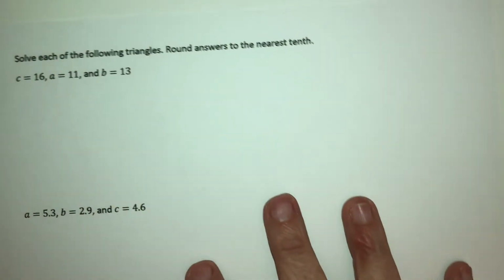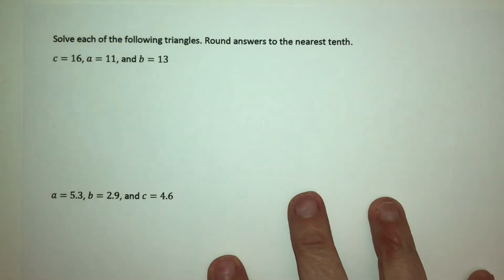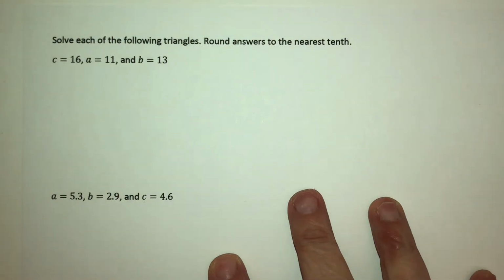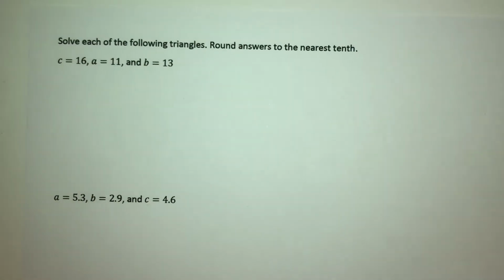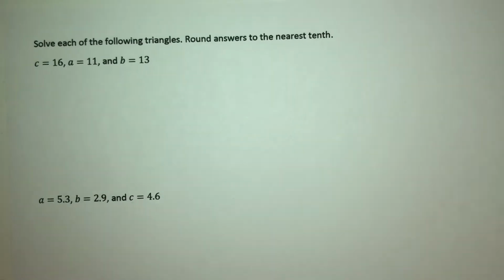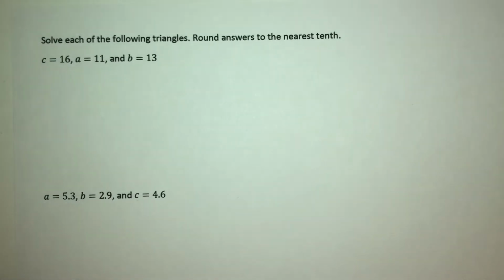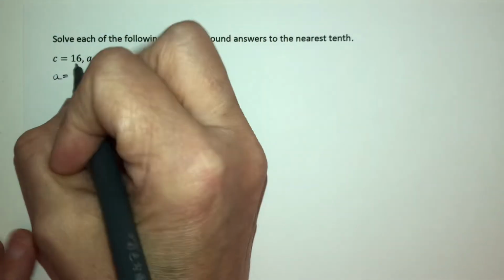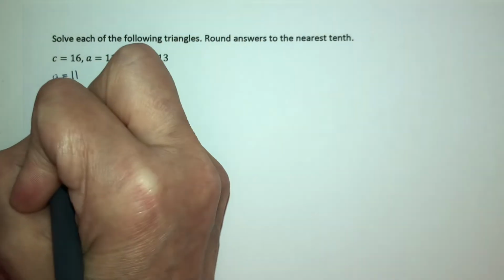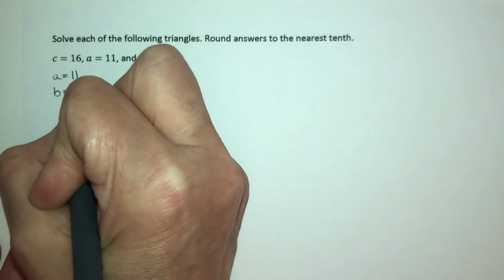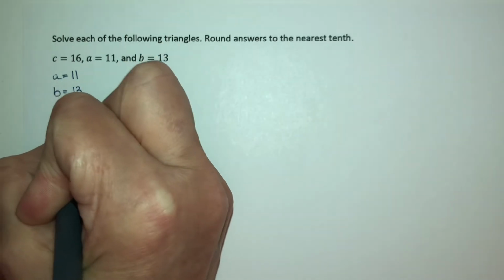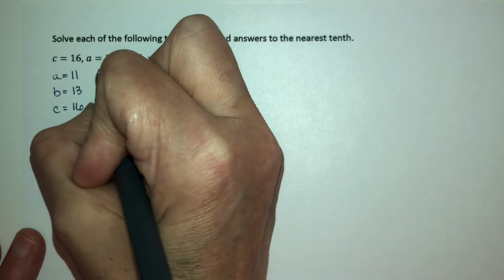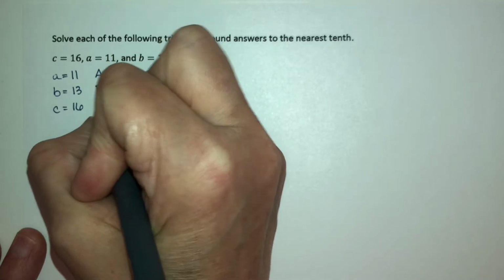So now let's solve these triangles. And we're going to find all three missing angles. Okay, so we have side A. I'm going to write my sides on the left here just because we already have those. And we need to find each of our angles.